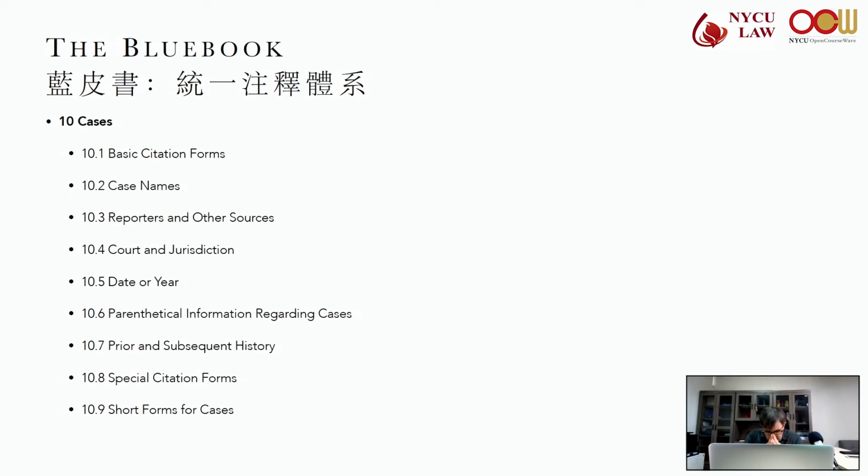Now, Rule 10.5, date or year. Blue Book says, if possible, provide the year of decision. I would say always try to use the year of decision.